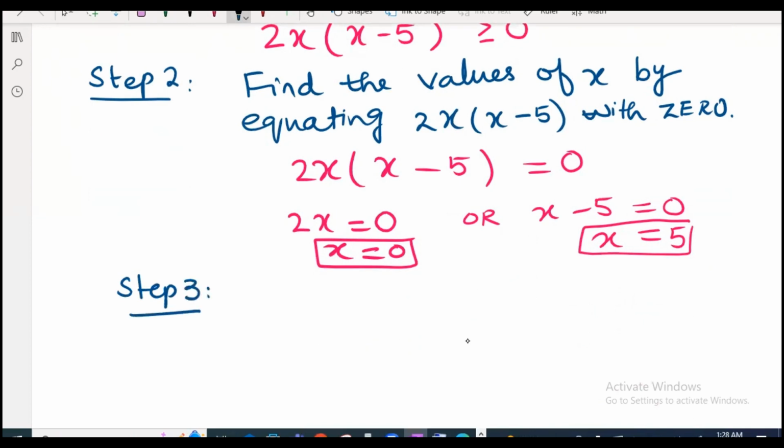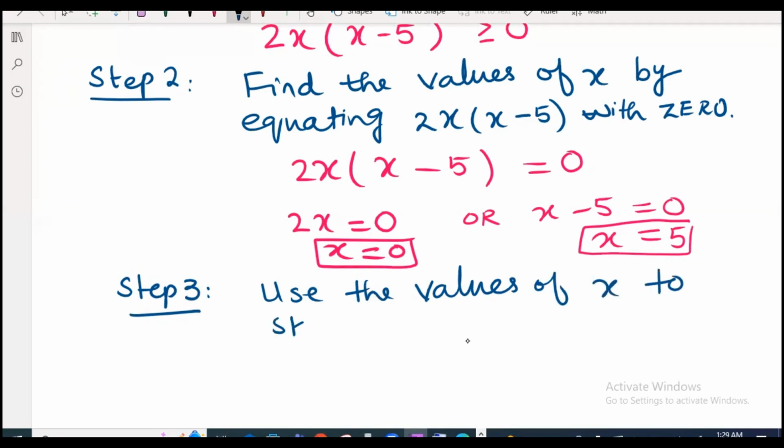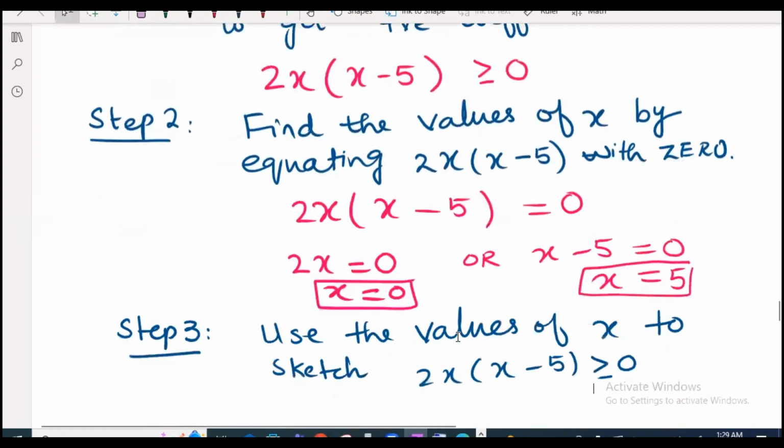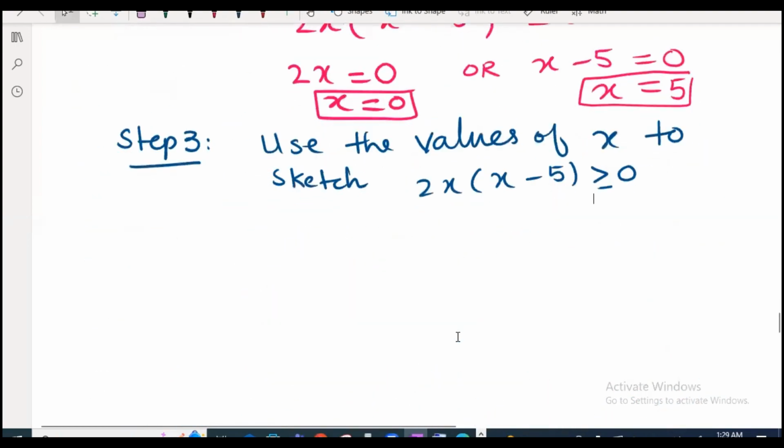Step number 3 is use the values of x to sketch the inequality, which is 2x times x minus 5 greater than or equal to 0. So going to sketch this, and we have x equals 0 and x equals 5.